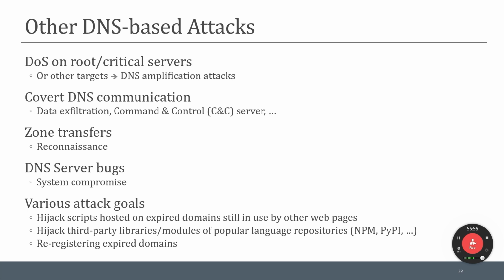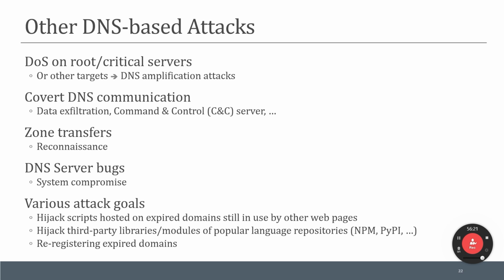And there are various different attack goals. The attackers can hijack scripts hosted on expired domains in use, or hijack third-party libraries or modules of very popular repositories like NPM, GitHub, or PyPI.